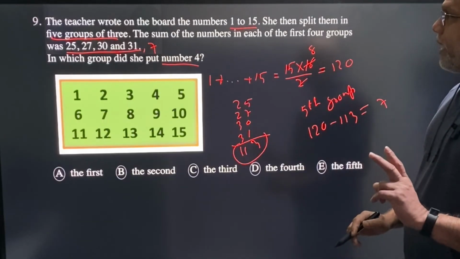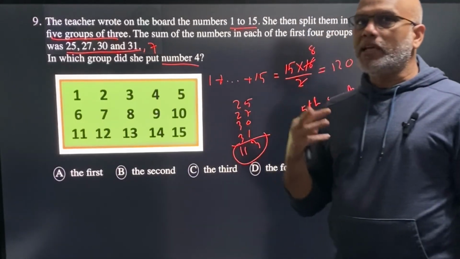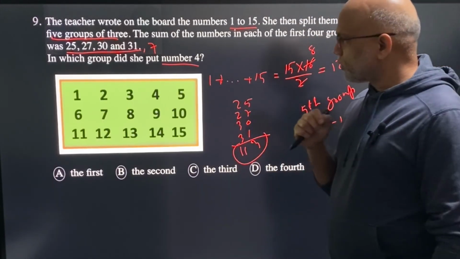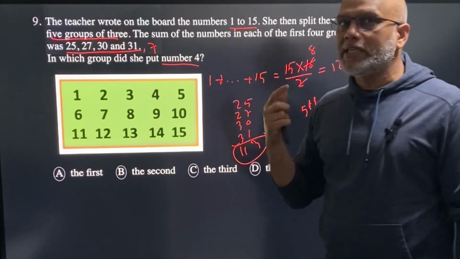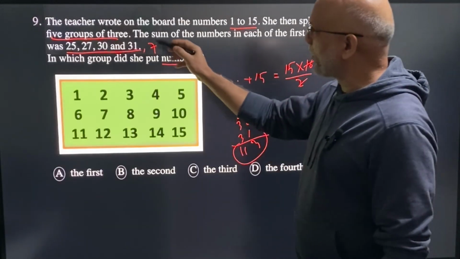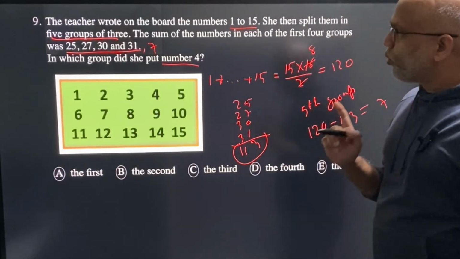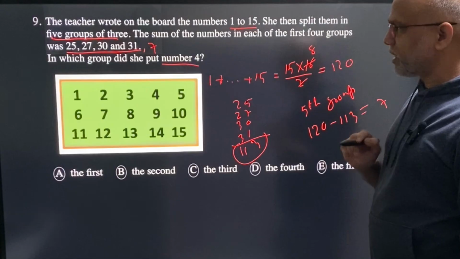Okay, each group contains three numbers, right? So this is the smallest sum, so it will be easier to find the 3 numbers that add up to 7. What 3 numbers add up to 7?